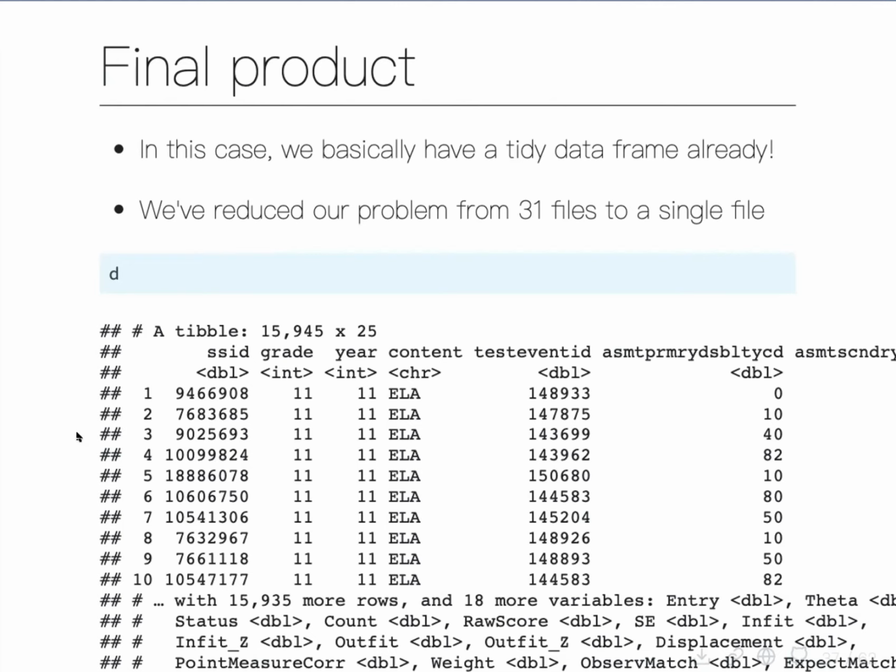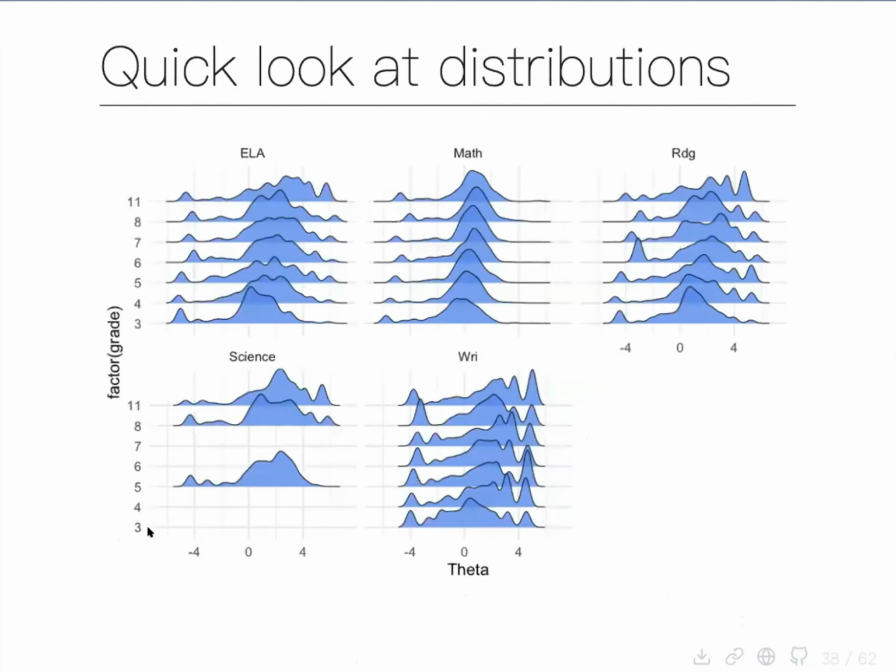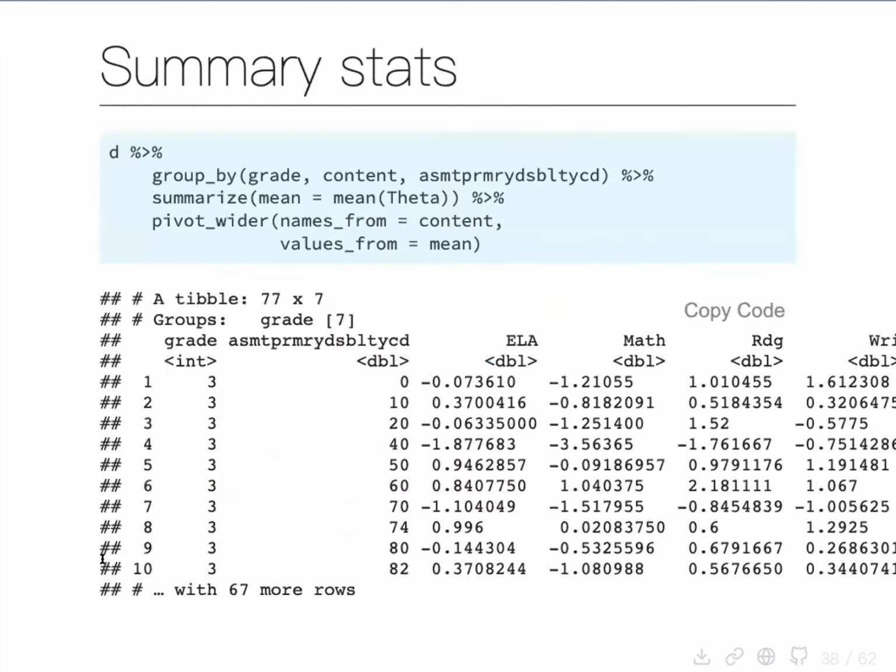Okay, so we had 31 files, and we've reduced it to a single file with a relatively brief amount of code. Part of what's nice about this is it's already basically a tidy data frame. So we can really quickly look at things like the distribution across grades and content areas, right? We can create some summary stats if we want.